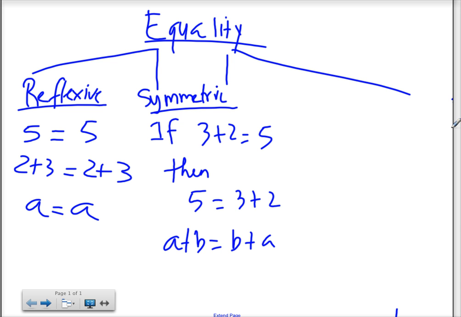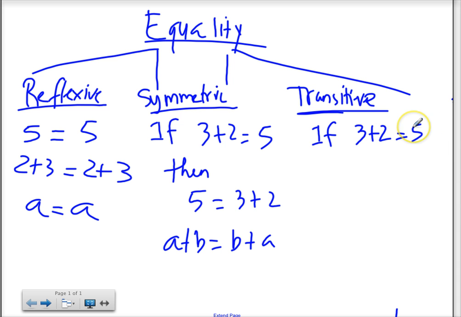All right. Next one I want to talk about is called transitive. Crazy term. Transitive property. So what do I mean by transitive? For instance, if I have 3 plus 2 equals 5, okay?